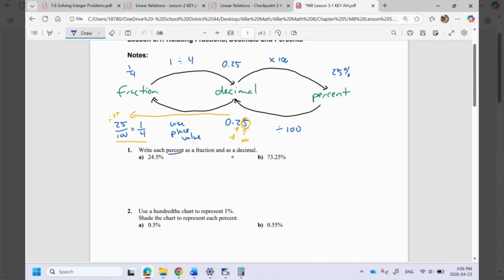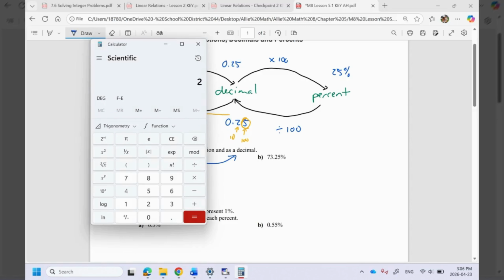We have a percent. I think I want to make a stop first at decimal and then go to fraction, because from percent we can go to decimal by dividing by 100, and then go to fraction by using the place values. So let's start with 24.5 divided by 100. I'm making this first step from percent to decimal.